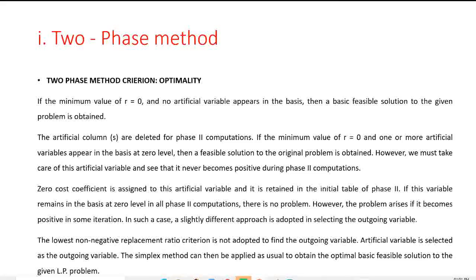The simplex method can then be applied as usual to obtain the optimal basic feasible solution to the given linear programming problem. After removing all the artificial variables in phase 2, we perform the steps similar to the simplex method and we get the optimal basic feasible solution.